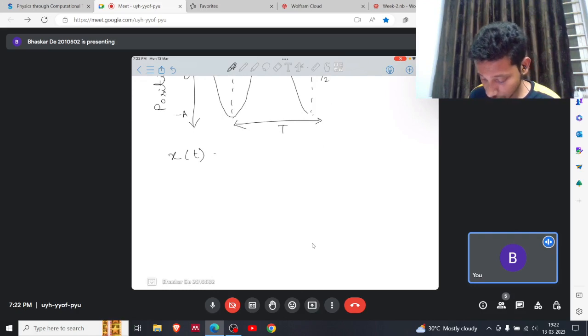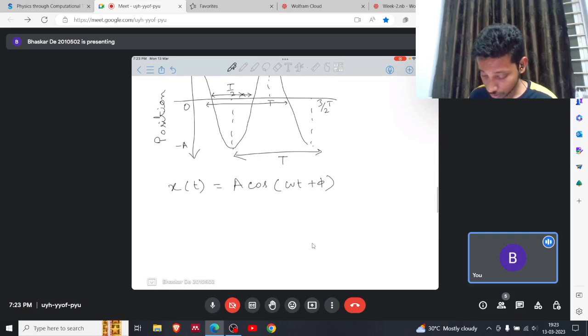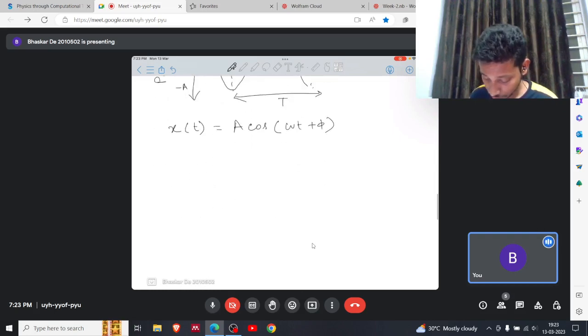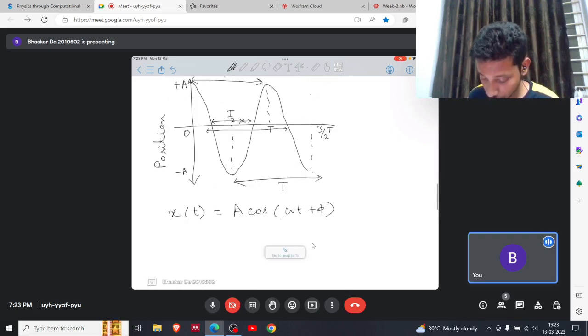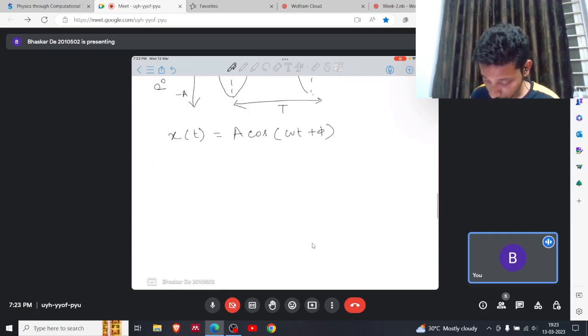Also, we can represent the displacement of the mass with omega t plus phi. This will actually change the graph, like this is changing the origin. So now it is like here 0, plus a, minus a.